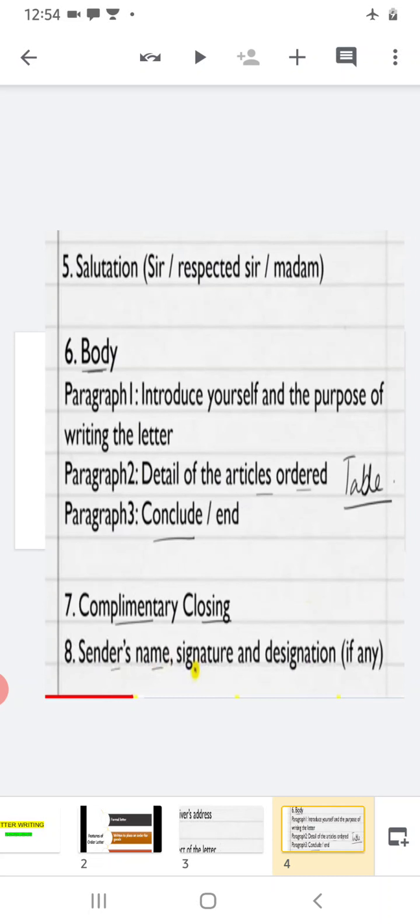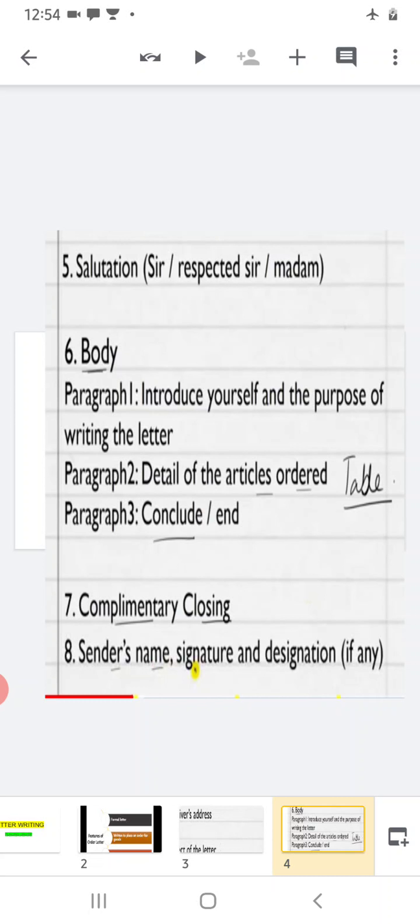Avoid writing your name, because the name is written just at the end after the subscription, and so you're introducing yourself and you're writing the purpose of writing the letter. Why you are writing the letter, what purpose is for writing the letter, what order has to be placed.